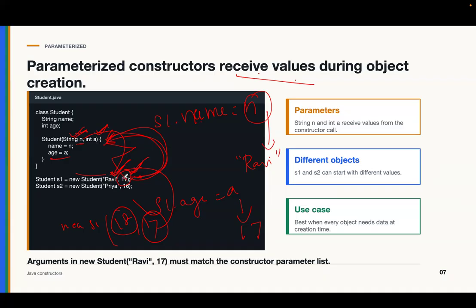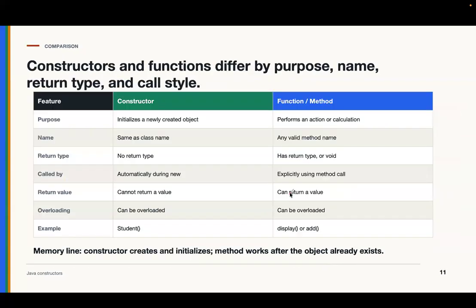Ravi and 17 is string and integer, so this will match with only this. If you give 17 and 18, it will consider both as integers and there is no matching constructor, it will say. Okay, must match the constructor parameter list. We don't have a copy constructor.